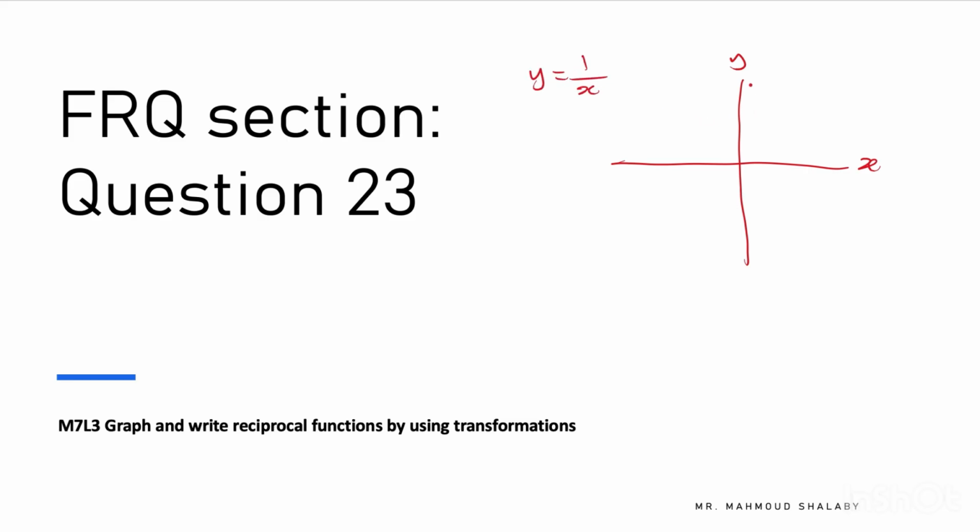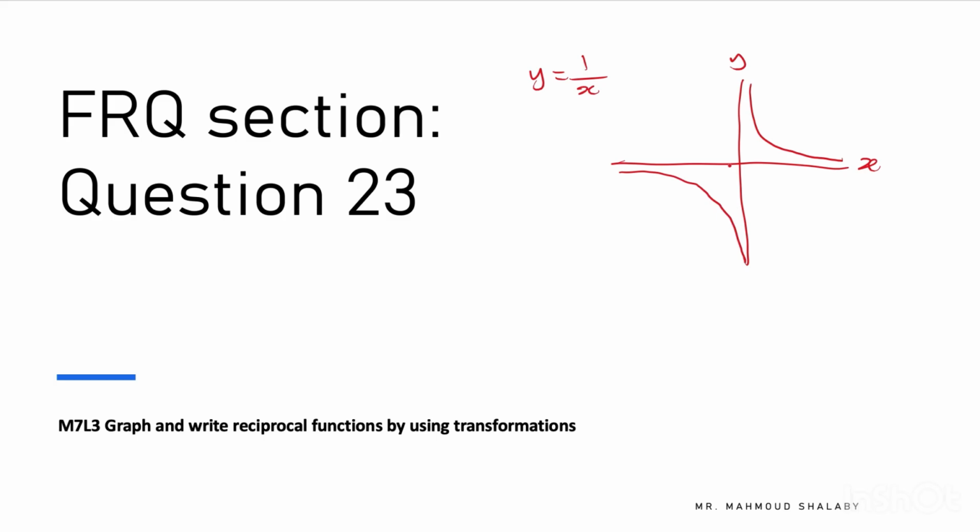To graph it, we graph two curves in quadrant 1 and quadrant 3, with two asymptotes, which are the x and y axes, or y equals 0 and x equals 0.